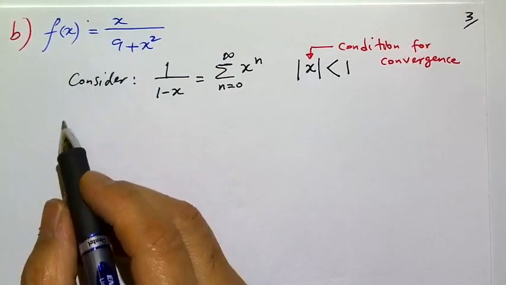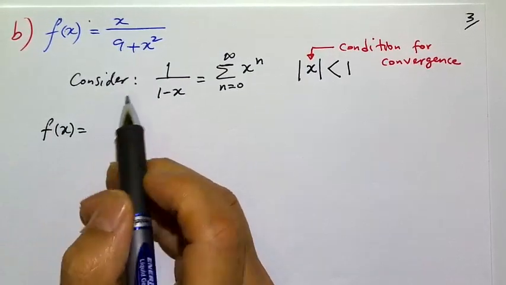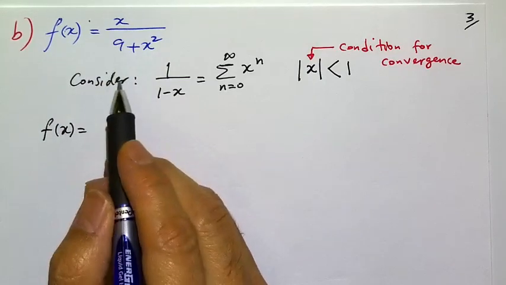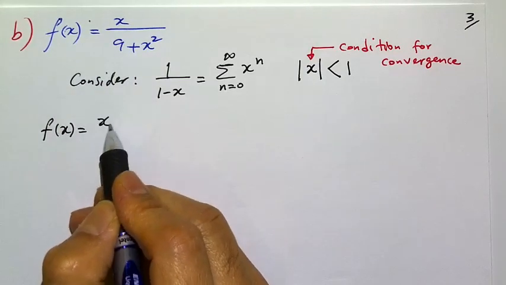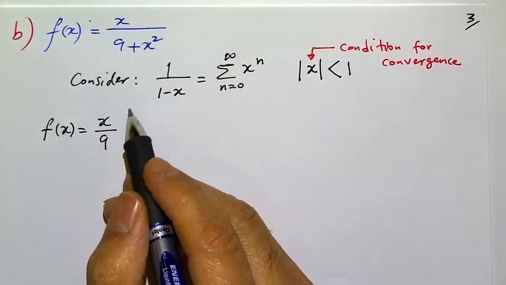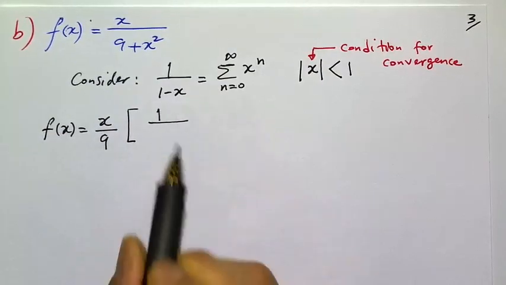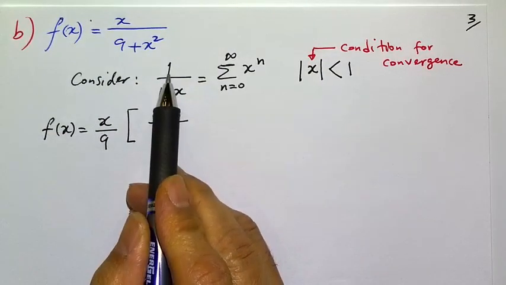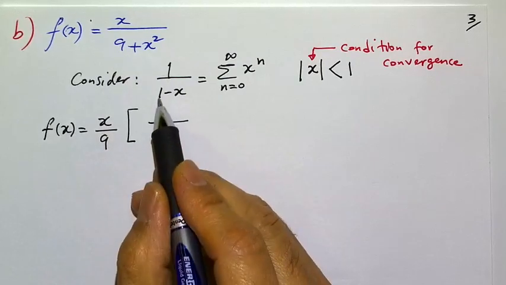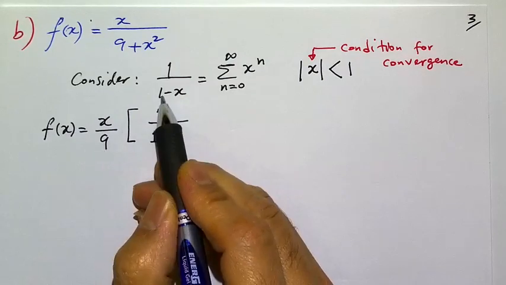So let's rewrite this function as f of x equals, I'm going to factor out x over 9. Okay, so if we factor out x over 9 from what we have, then we will have 1, right? This would have to be 1 times x is going to give us x. Then here we will have, of course, 1, which is what we want.